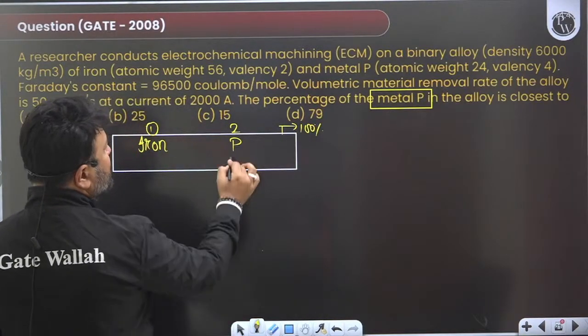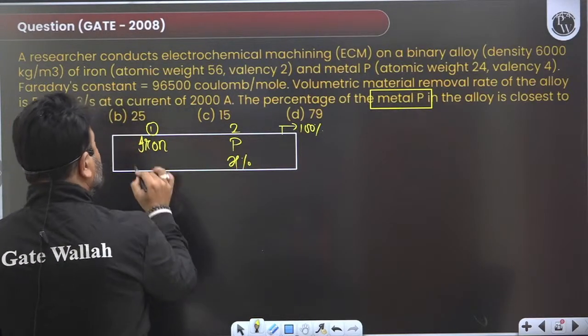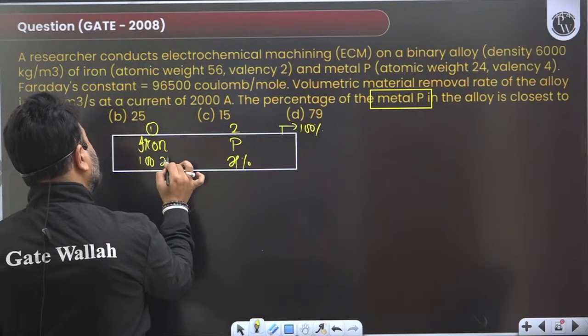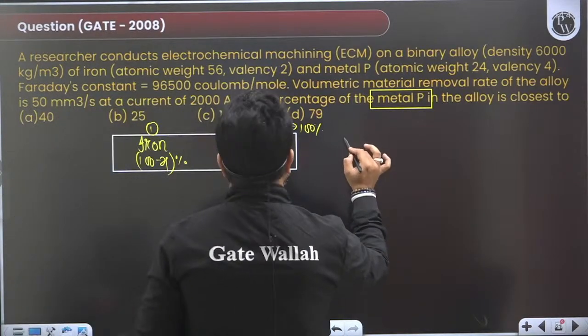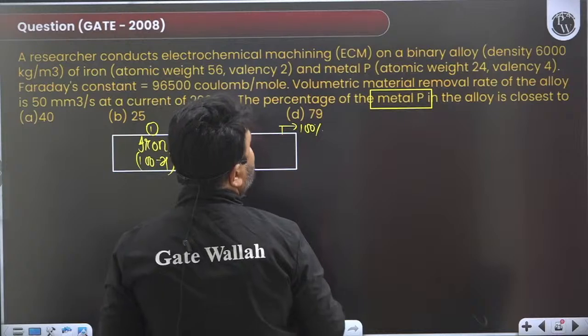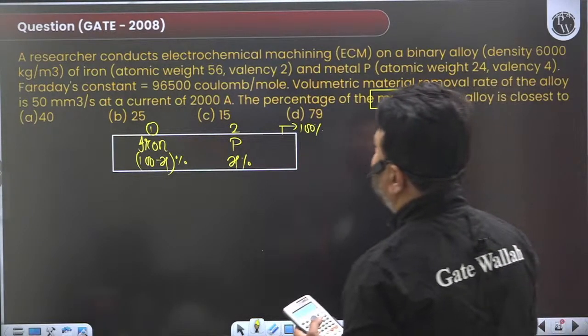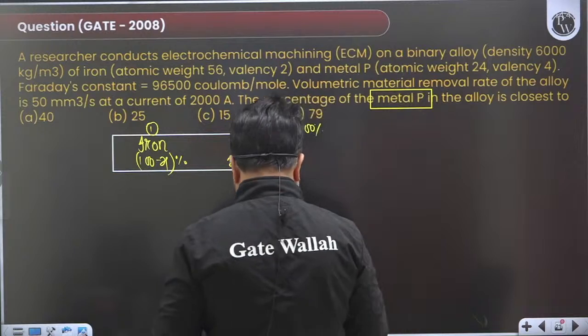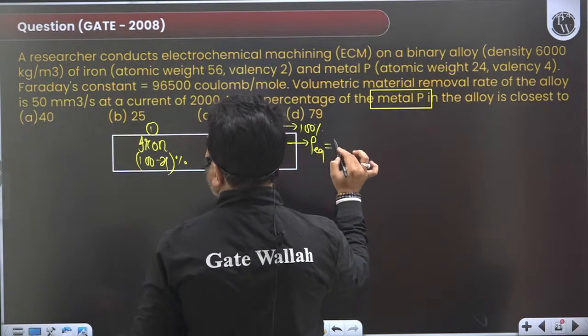He wants to know the percentage of P. So we assume X percent of P, then iron will be 100 minus X percent. Alloy density is given 6000 kg per meter cube.